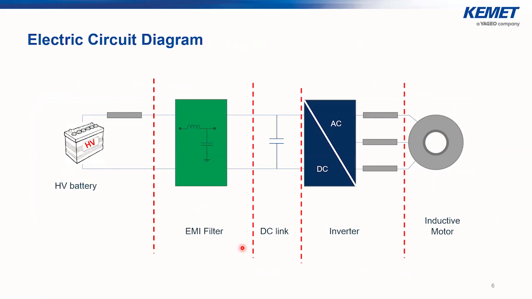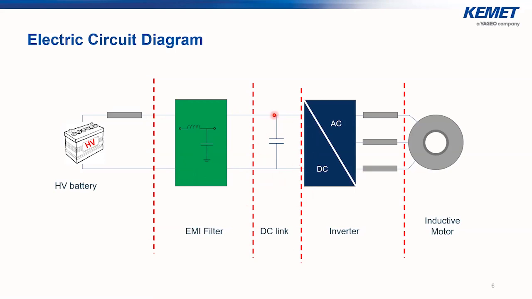But let us see the overall block diagram of the ADC. There are different parts that make the ADC work correctly, but here we are showing all the stages. We have the battery that is connected to the EMI filter to filter all the noise coming from the battery and also from the inverter side.